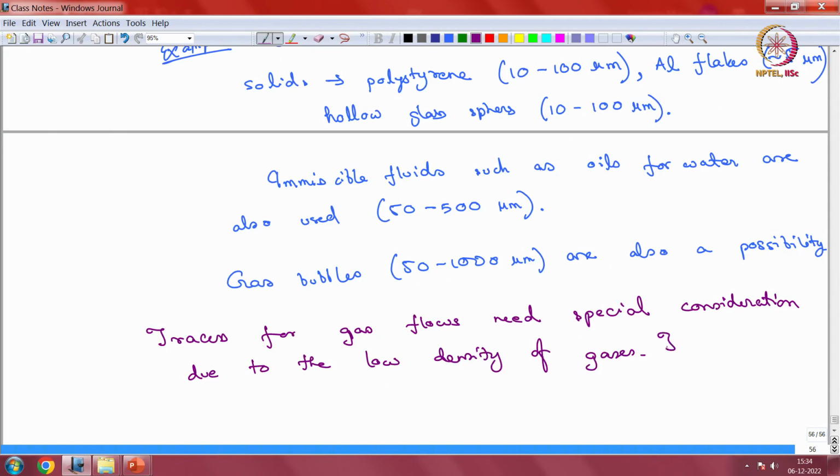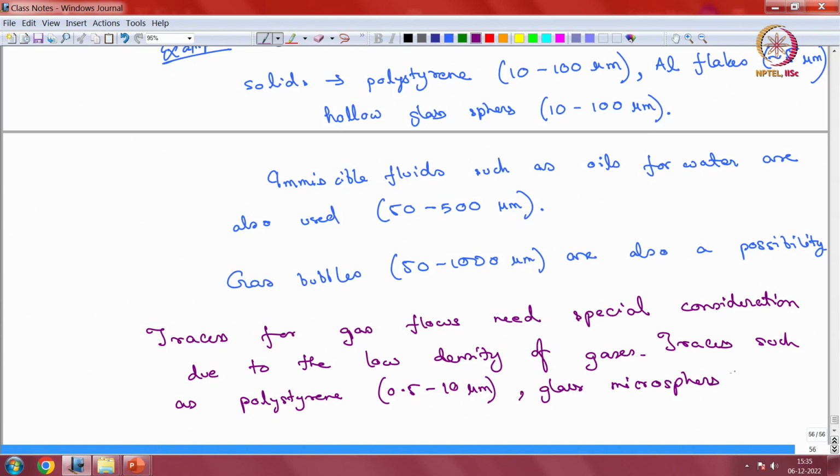So tracers again such as polystyrene, 0.5 to 10 microns, again a suggestive number. Glass microspheres, a smaller value, let's say 0.2 to 3 microns.